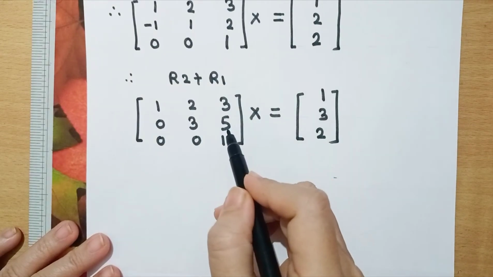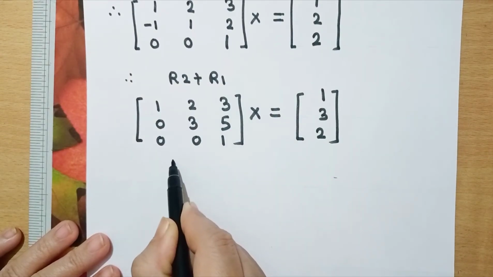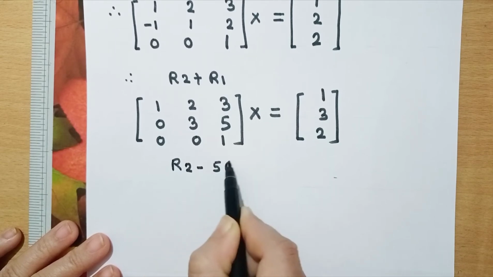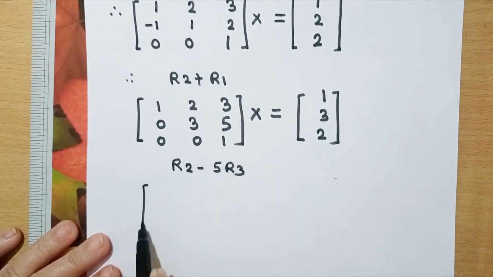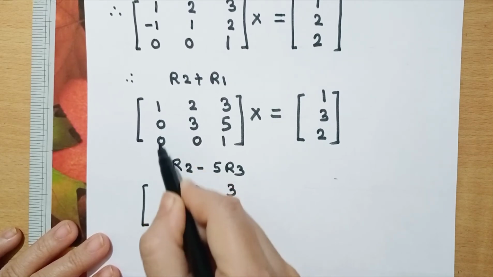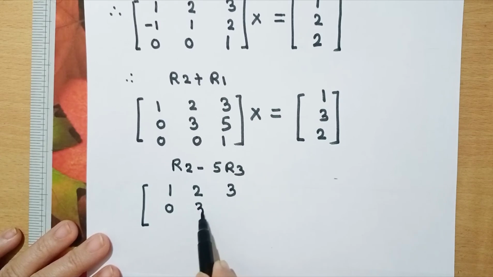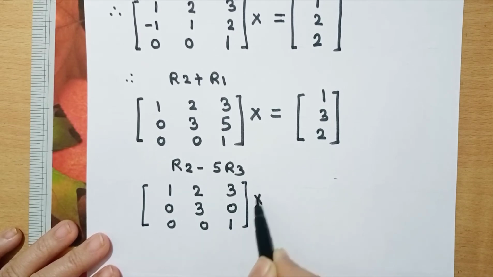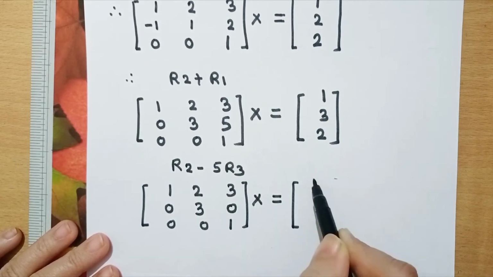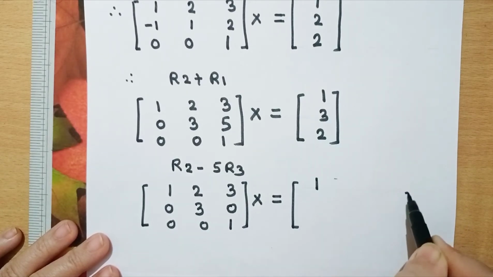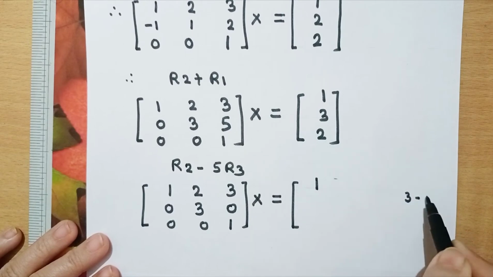This element 0 and so that means change in R2. So R2 minus 5 R3 gives first row as it is 1, then 0 minus 0, 0, 3 minus 0, 3, 5 minus 5, 0, this 0, 0, 1 as it is, and here also 1, then 3 minus 2 5s are 10. 3 minus 5 multiplied by 2.